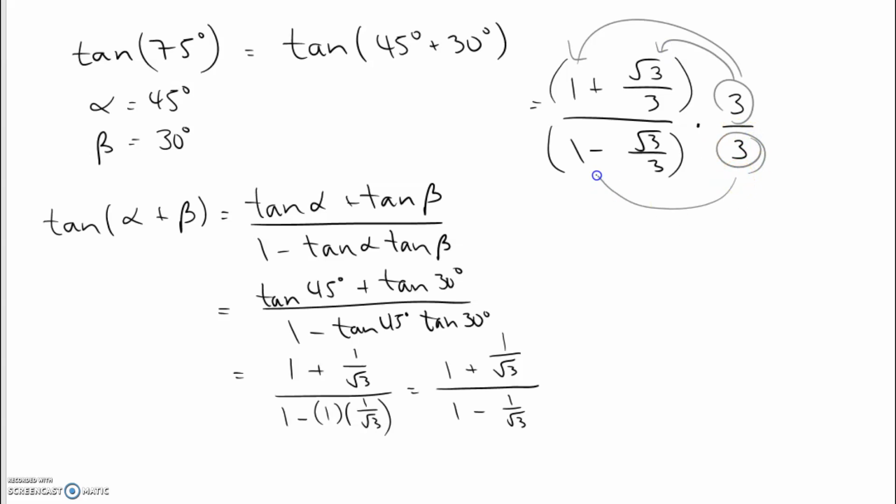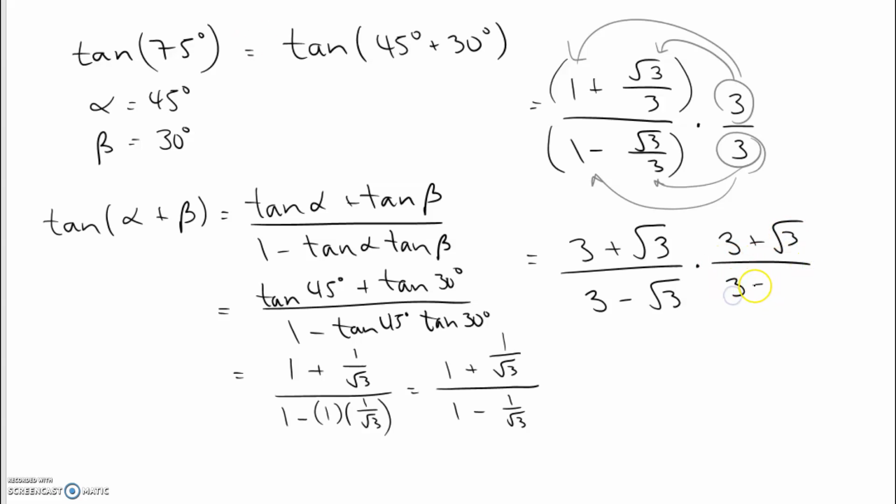And this 3 times 1, and this 3 times the square root of 3 over 3, those 3's will cancel. And I get 3 plus the square root of 3 over 3 minus the square root of 3. Okay, at that point, I need to multiply by the conjugate. So 3 plus the square root of 3 over 3 plus the square root of 3.